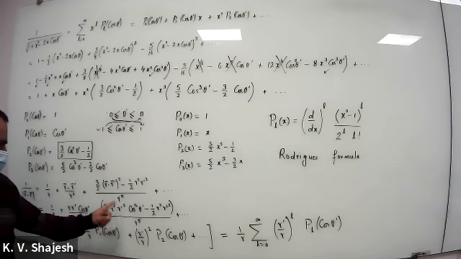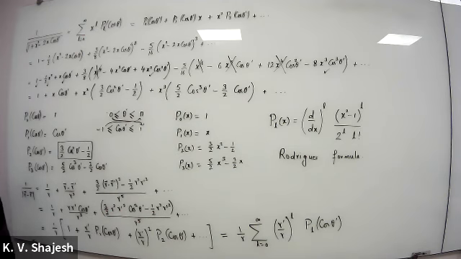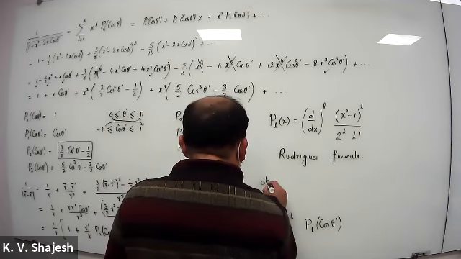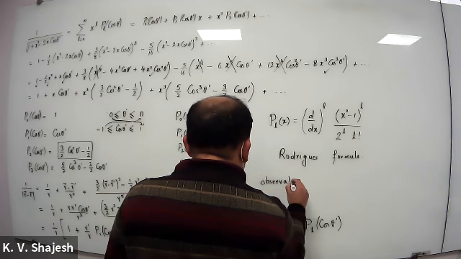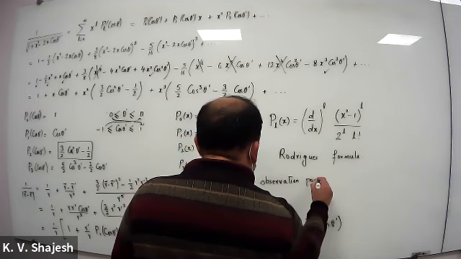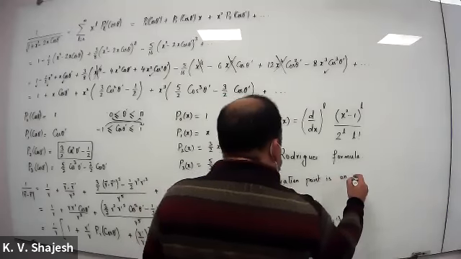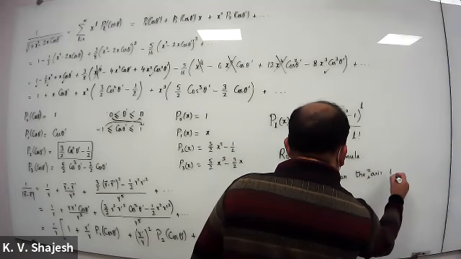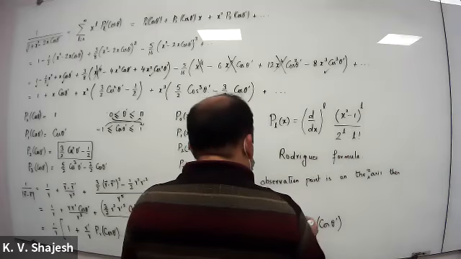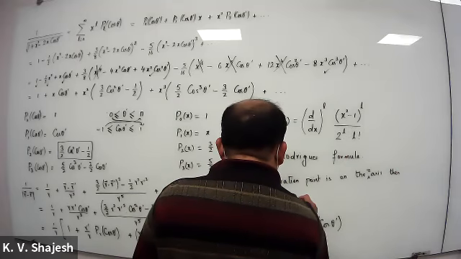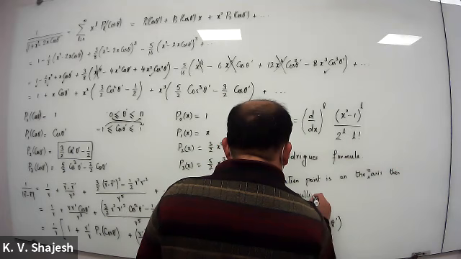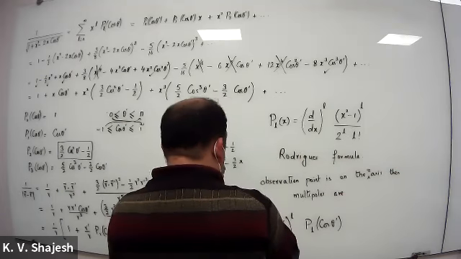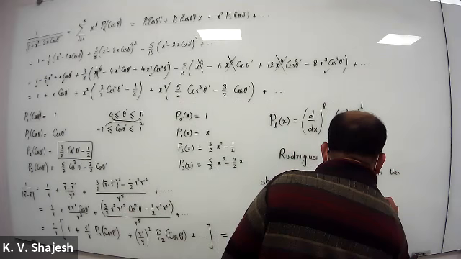This is R dotted with R prime there, right? So in this sense, if the observation point is on the z-axis, then the multipole, or you want a q times, so let's say q.